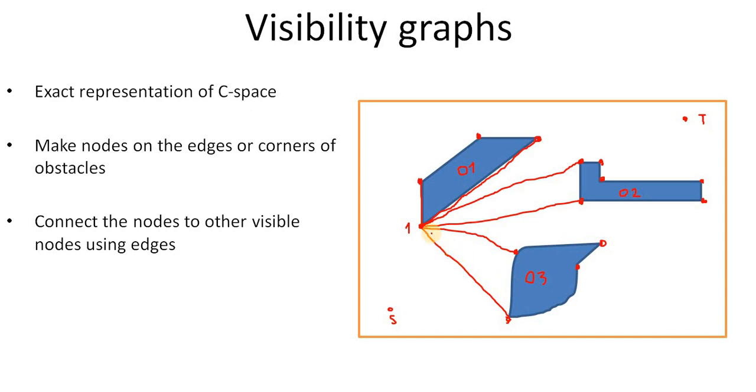So we repeat this process again. We do it for each and every node. So this is for node number 1. Now we do it for node number 2. Node number 2 can see node number 1, which is already connected, but it can also see node number 3 here.